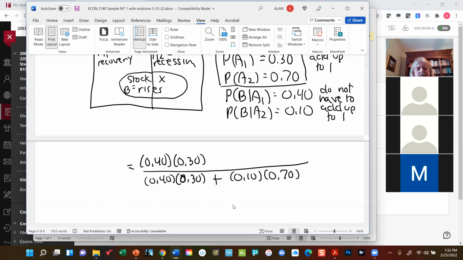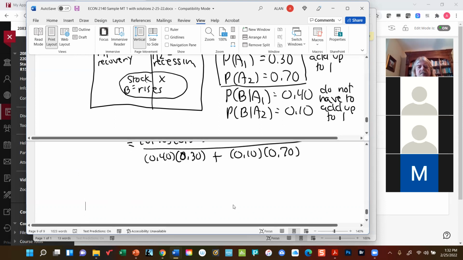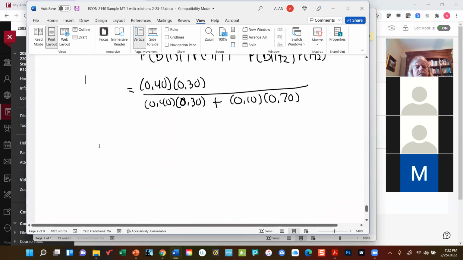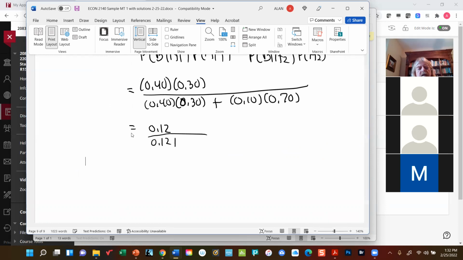So we're going to have 0.12, and then here we have 0.07. So that's what we're looking for. Whatever that ratio is, 0.12 over 0.19, 0.6316, let's say.